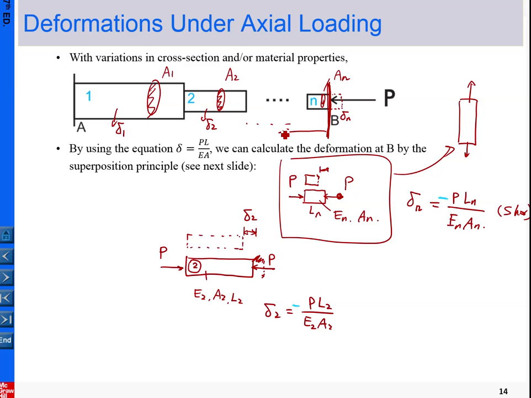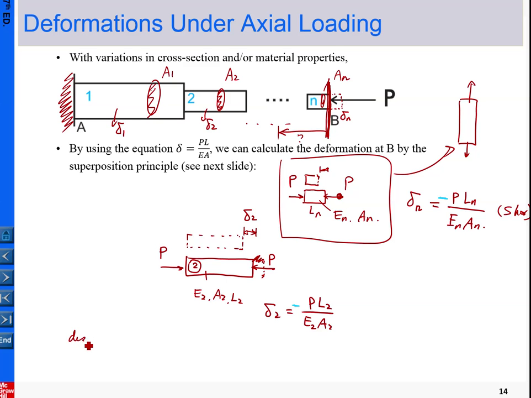Here, the total displacement of this free end, assuming this is fixed against the wall. To answer this, you can imagine that it is the summation of the deformation from each piece. Each piece contributes a little deformation, and that deformation contributes to the displacement of point B.